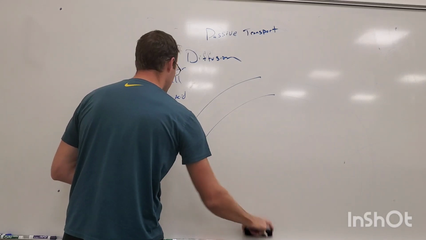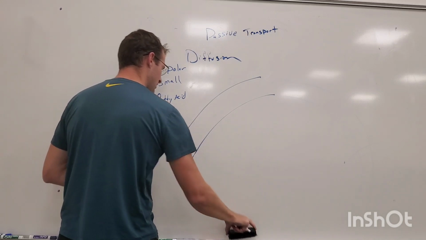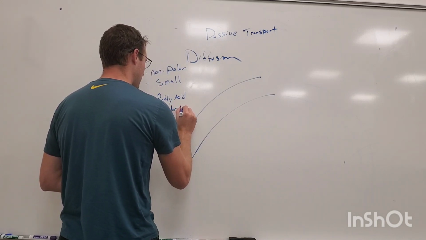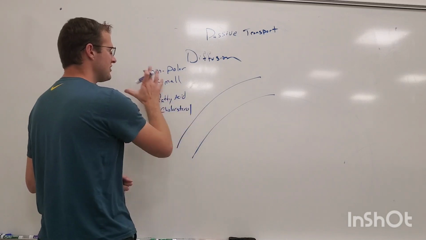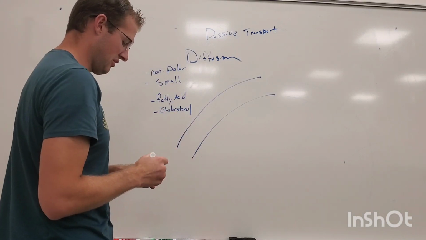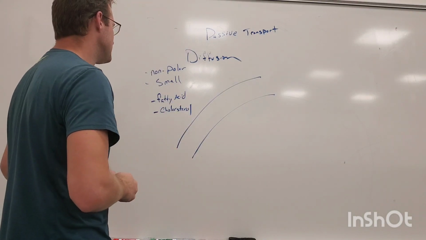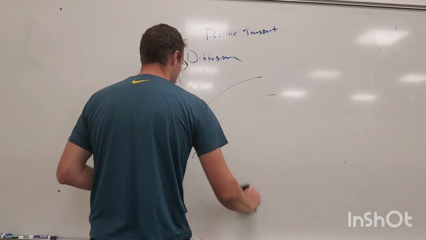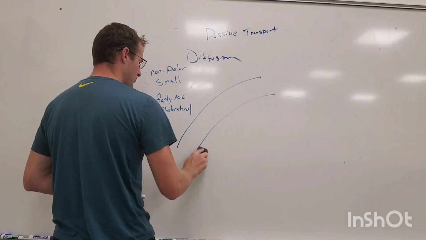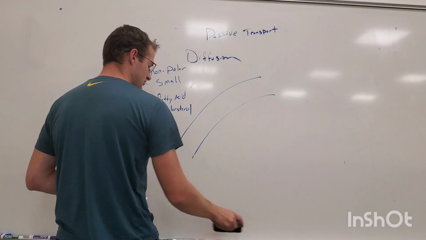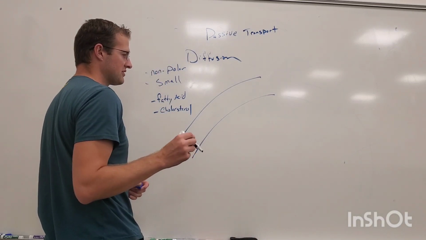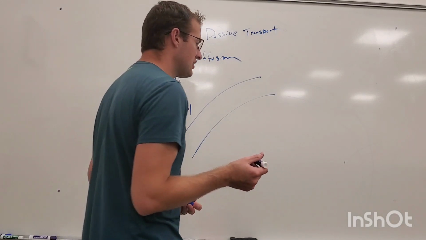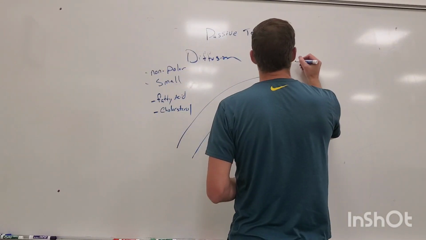Steroids might be a little big, but cholesterol can diffuse into the cell just based on the concentration gradient. There are a couple of factors that play a role in how quickly they can do it. This is called Fick's law.